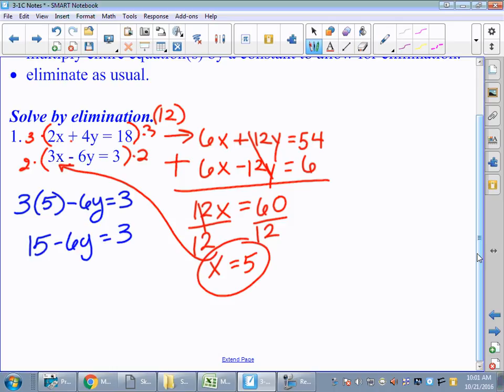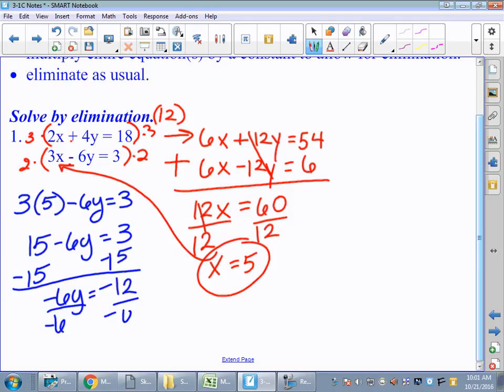I need to solve for y, so I'm going to subtract 15 from both sides. Negative 6y is equal to negative 12. Divide by negative 6, and y is equal to 2. So when it's all said and done, my solution here is 5, 2.